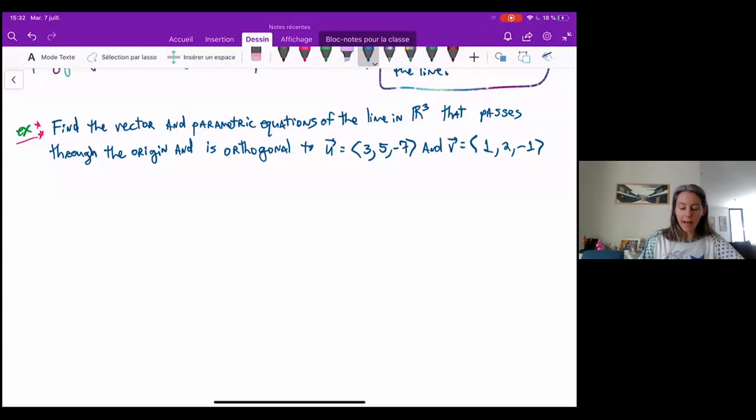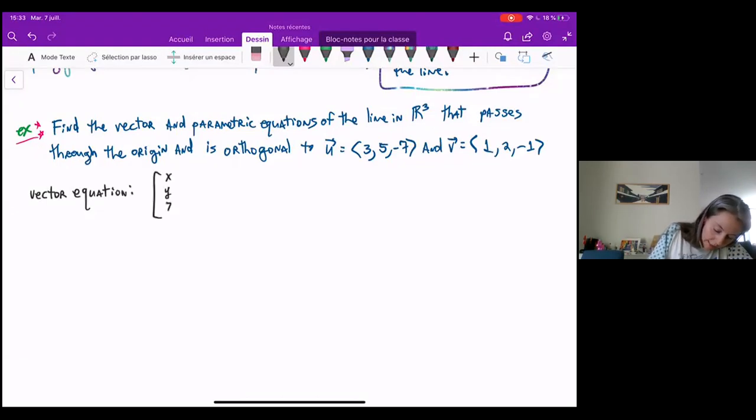Now this line is going to pass through the origin and be orthogonal to vectors u and v. I remind you, orthogonal means perpendicular, so I have these two vectors that are perpendicular to my line. So I know that my vector equation for the line is going to be x, y, z is equal to some point plus t times some direction vector.